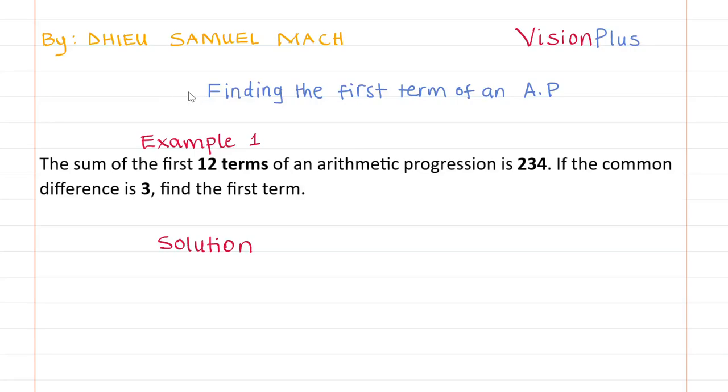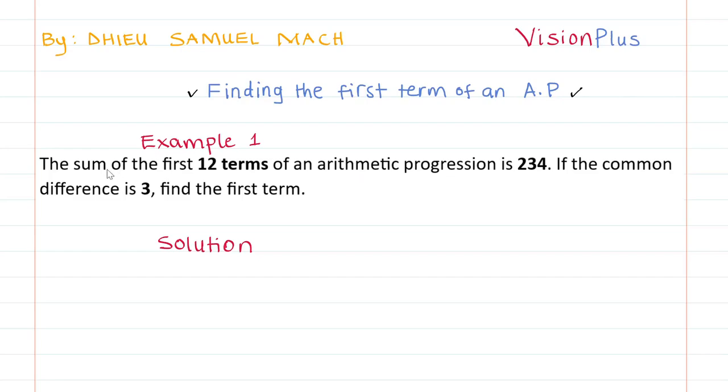As we continue, let us look at finding the first term of an AP. In this series of videos, we shall be looking at how we can find the first term when we are given the sum of the first n terms and the common difference.